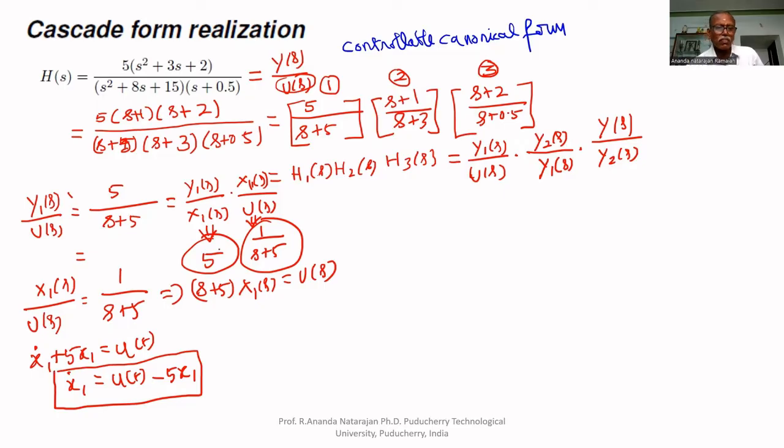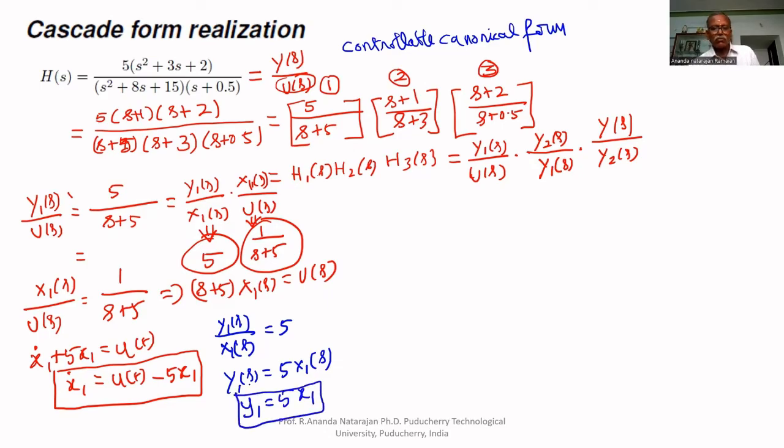The next part is Y1 of S upon X1 of S, that is equal to 5. Therefore Y1 of S equal to 5 X1 of S. That is y1 equal to 5x1. This is another equation.